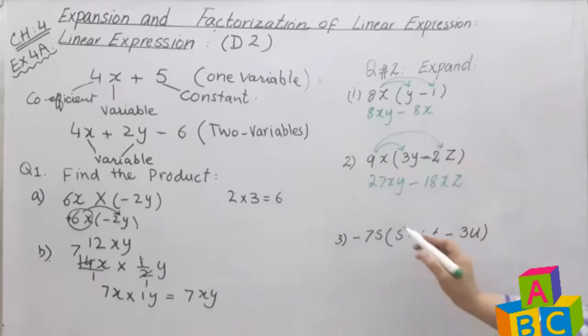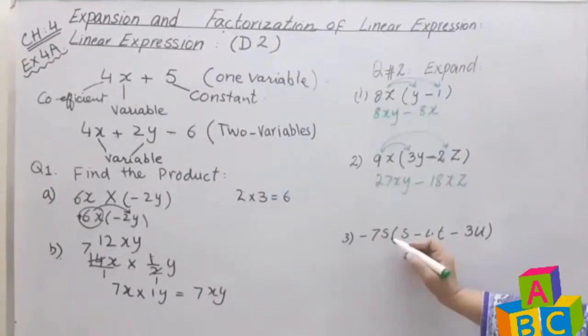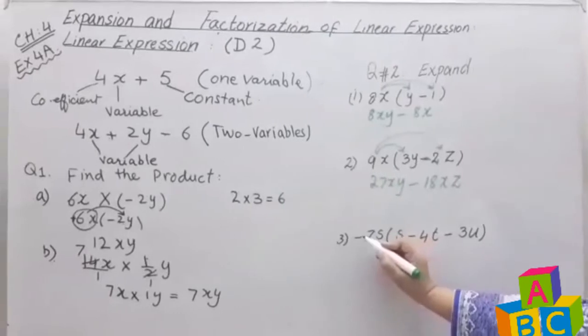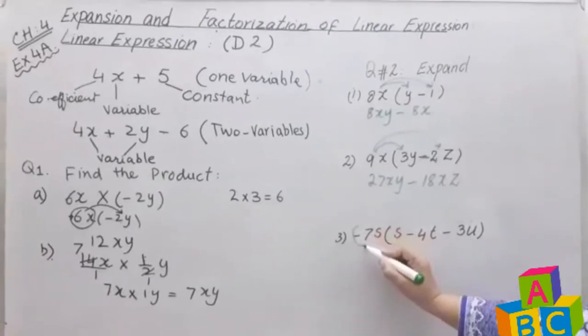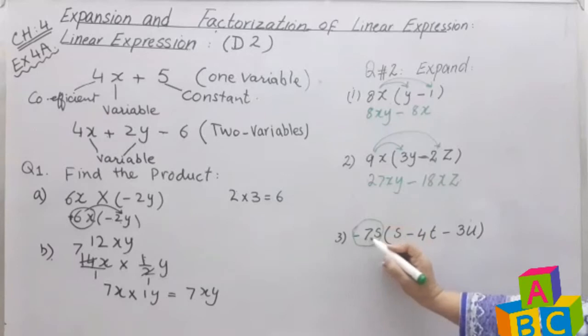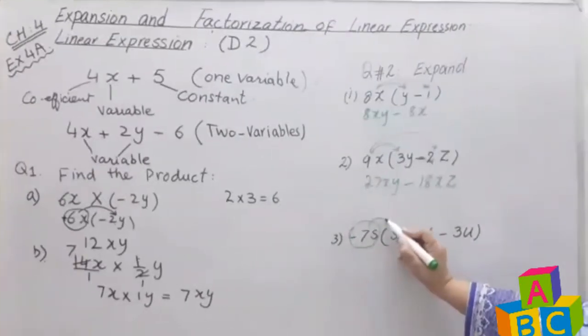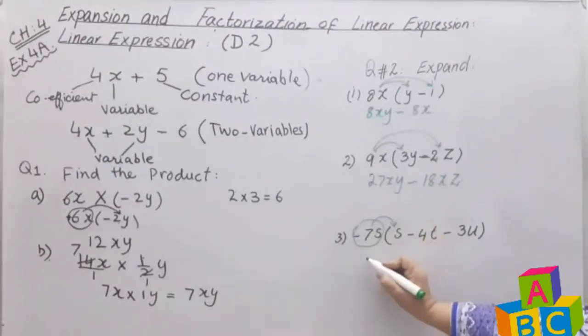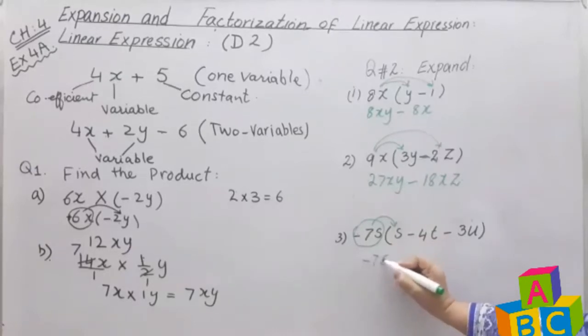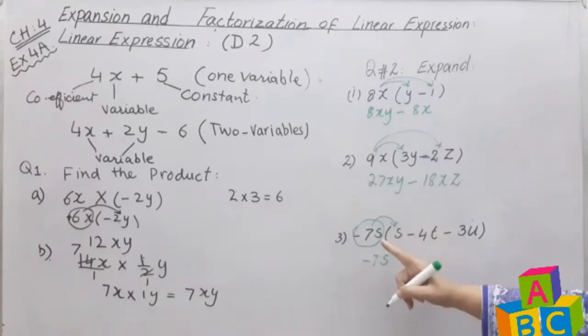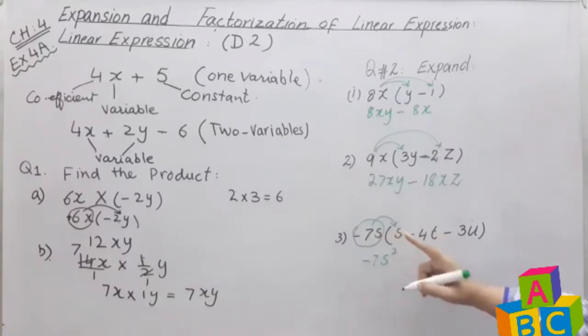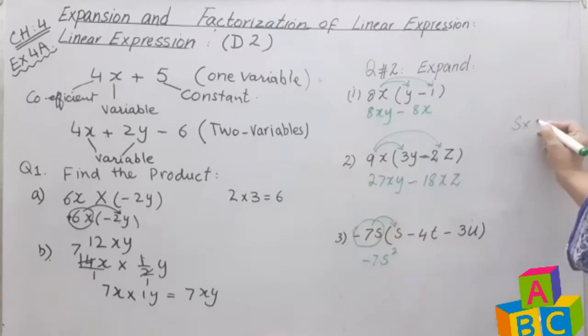And in this term, this minus is also involved, where we take the whole term minus 7s. Minus 7s multiplied with s gives minus 7s. Here are two s's, so it means its power is 2. Don't write ss, write s square, because when s is multiplied by s it will be s square, since when the same variables are multiplied, their powers are added.